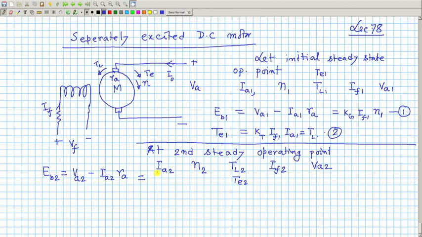This equals K into field current IF2 into the new steady state speed N2, and the torque T2 developed by the machine will be equal to kT, the torque constant, into IF2 into IA2, and this must be equal to TL2, the load torque. This is 3 and this is 4.